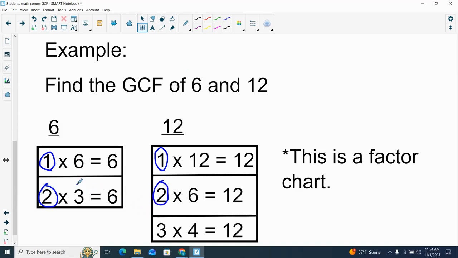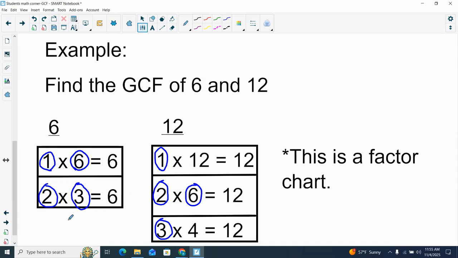They both share a 3. This one has a 4, but this one doesn't. They both share a 6. And notice that I'm circling the factor, not the answer, the multiple. And that's it. That's all I can circle.